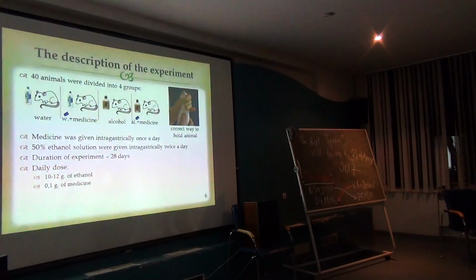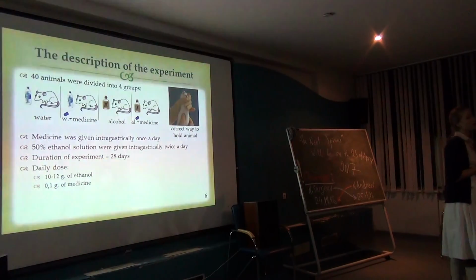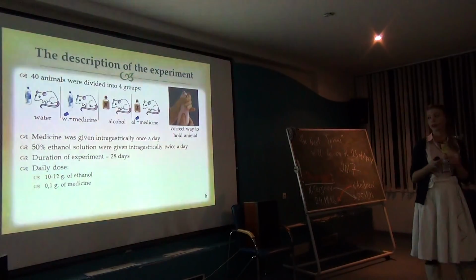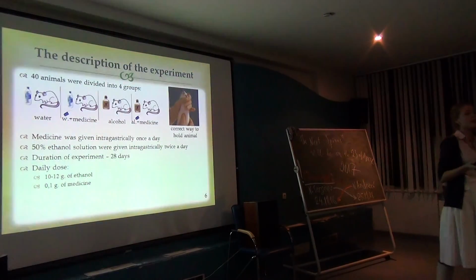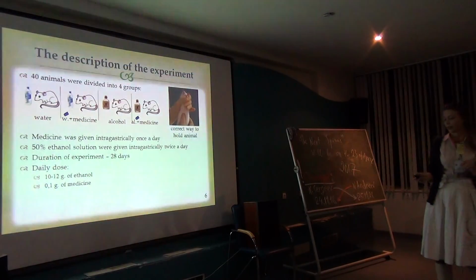Duration of the pathology model was 28 days. Every daily dose of alcohol was 10-12 grams per 1 kilogram of animal weight, and the dose of medicine was 0.1 gram.